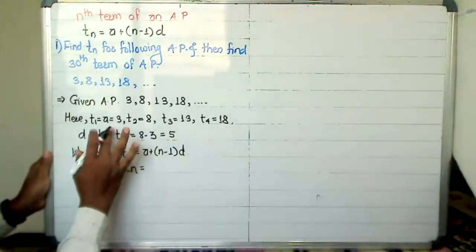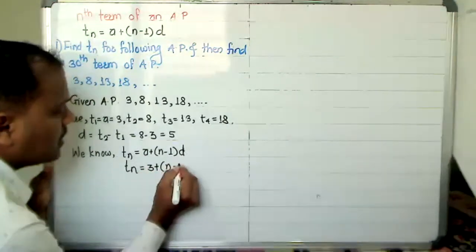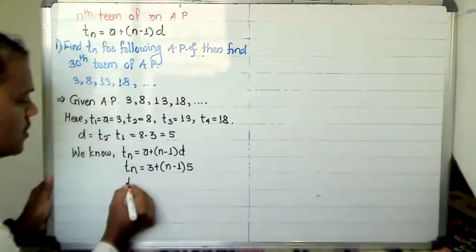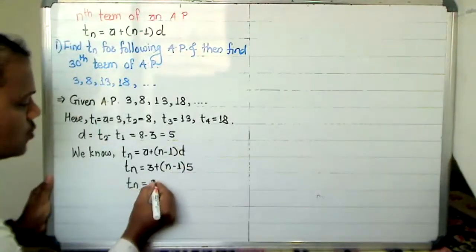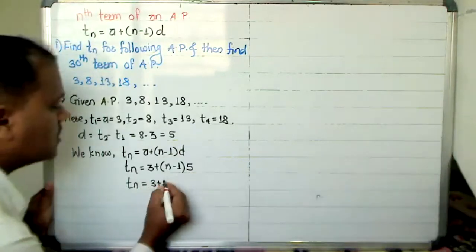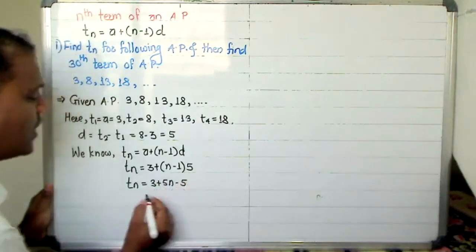So the value of A is 3 plus n minus 1 into the value of D, which is 5. So Tn is equal to 3 plus, after multiplying 5 into this bracket, 5n minus 5.